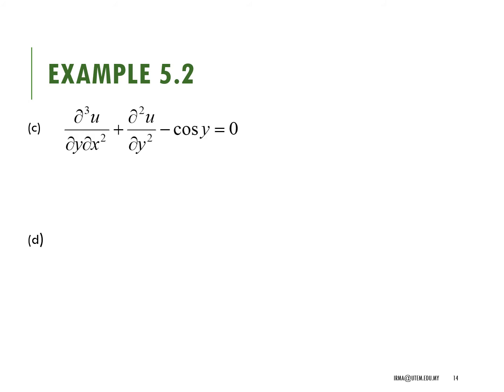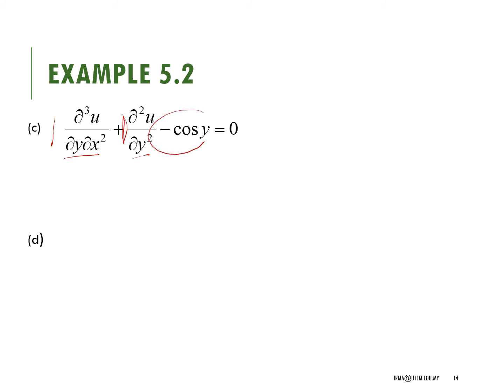Next is del cube u over del y del x squared plus del squared u over del y squared minus cos y. Now we can see that the coefficient for the derivative in the first term is 1. Second term also the coefficient is 1.